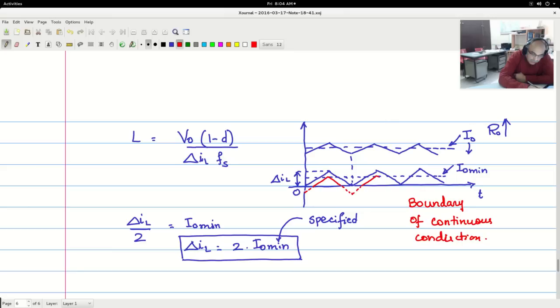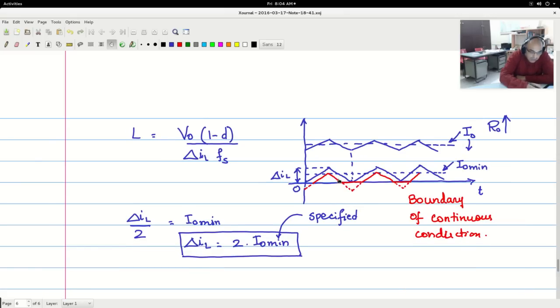If there is a bidirectional switch, you will see the inductor current going negative, but if the switch blocks, then you will see that the inductor current goes like that. So this is a sudden change in the slope during this point. So the inductor current reaches 0, there is a change in the slope, and then again a change in the slope.